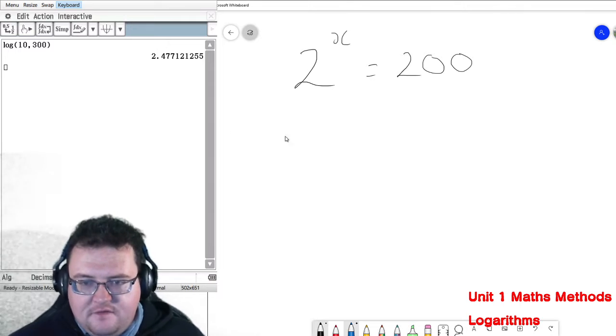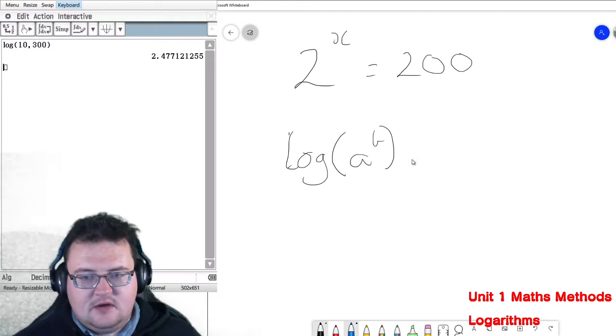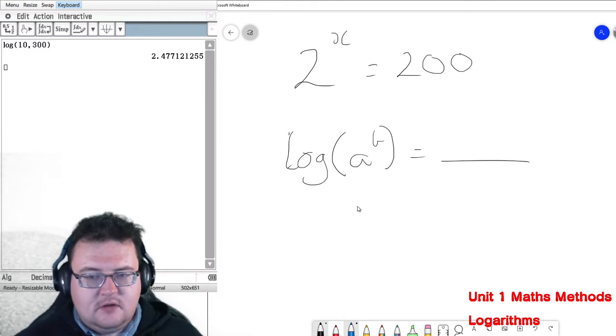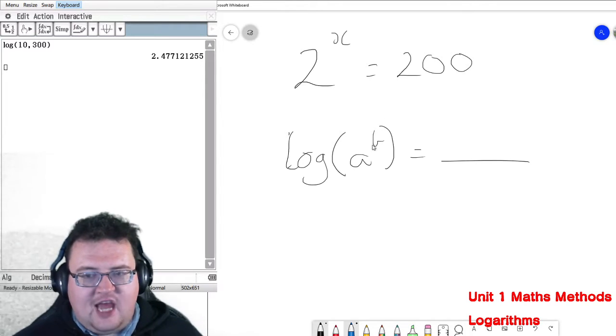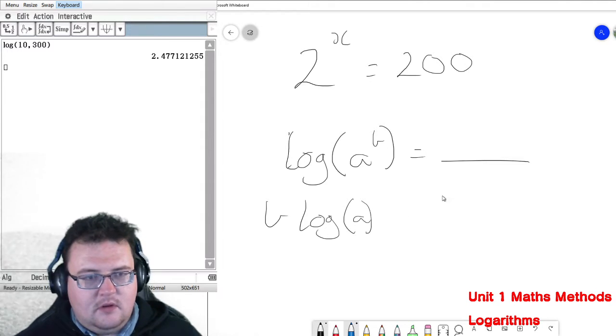If I have the log of a to the power of b equals whatever, what actually happens is that b falls out the front. It's a rule.